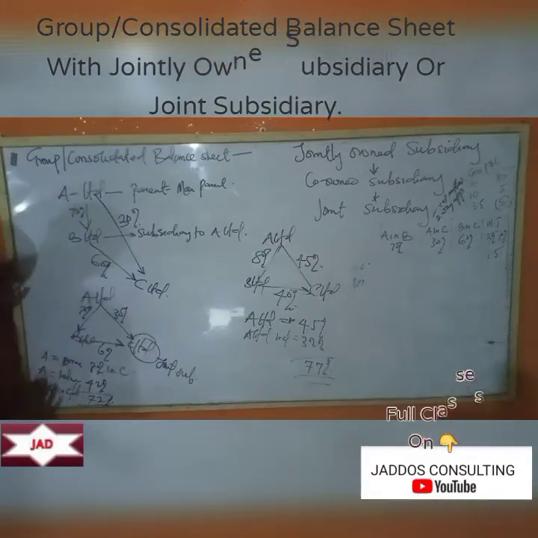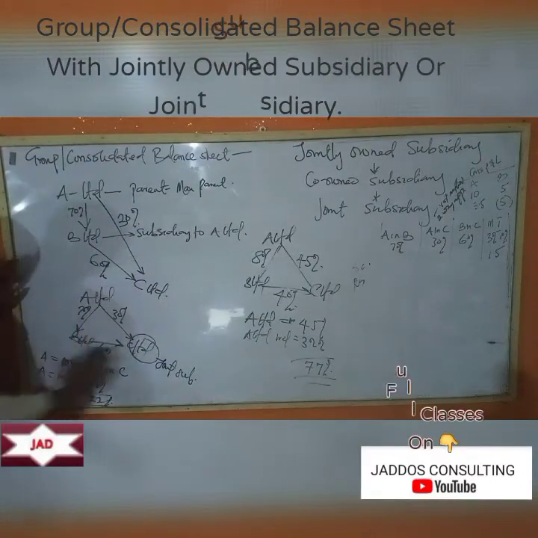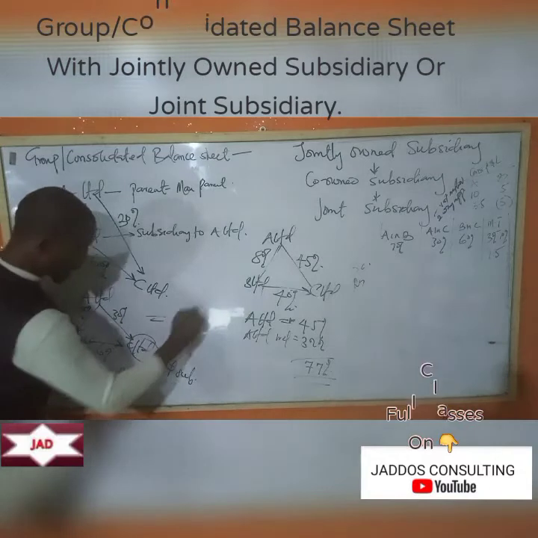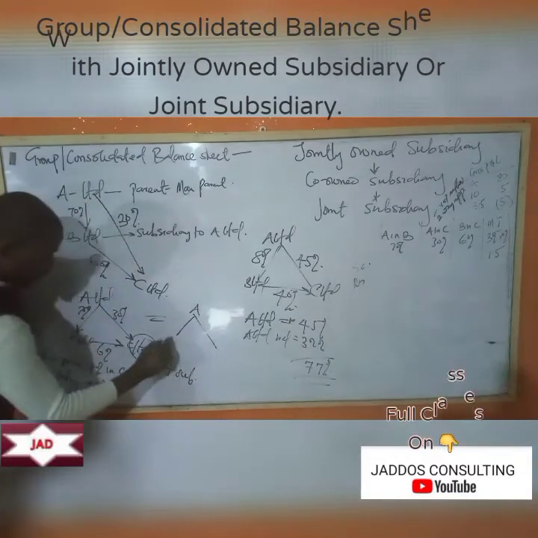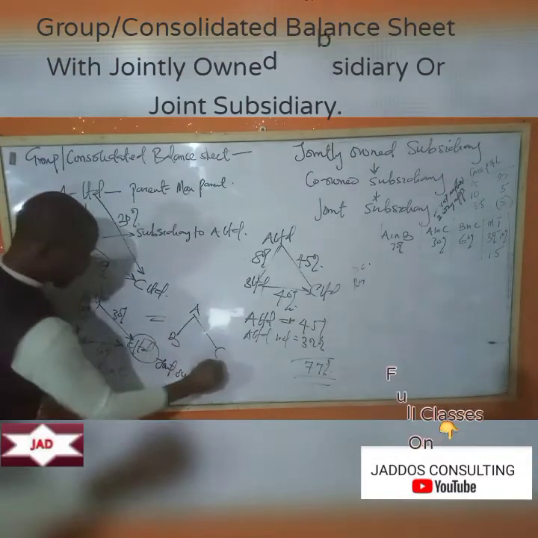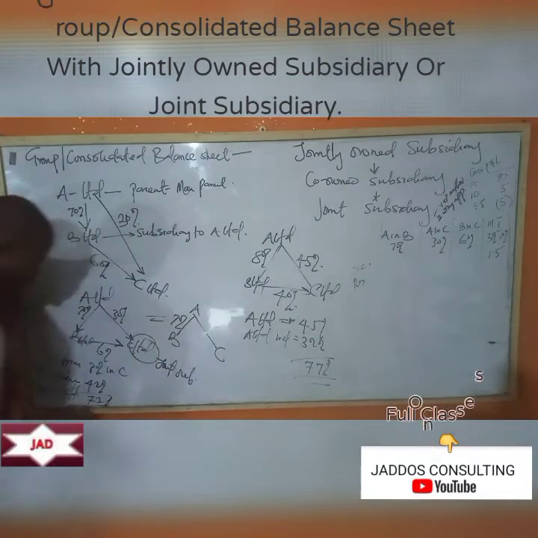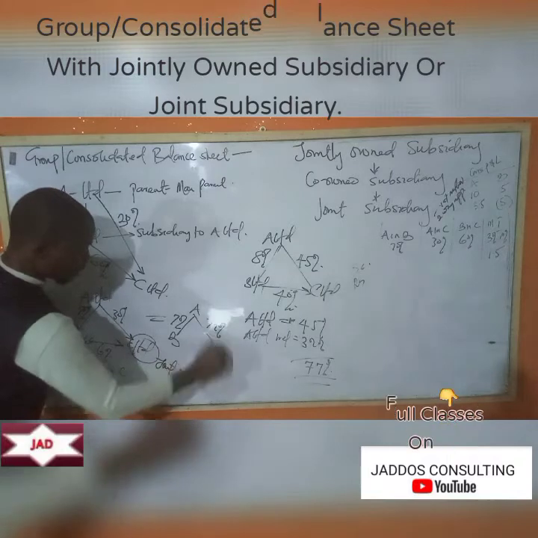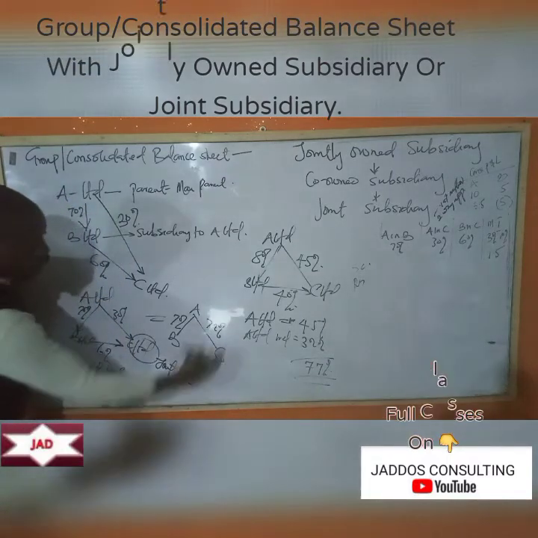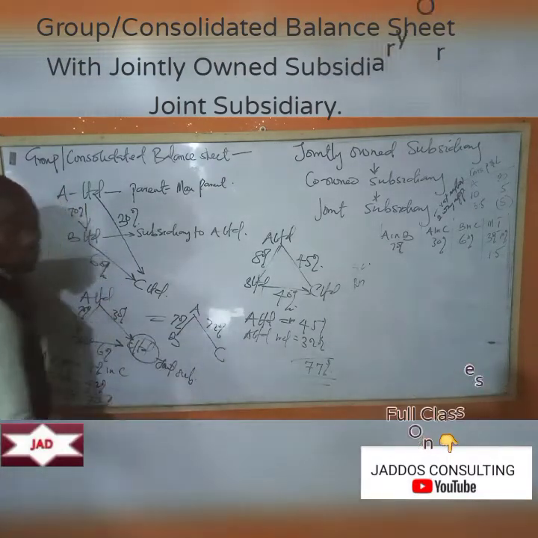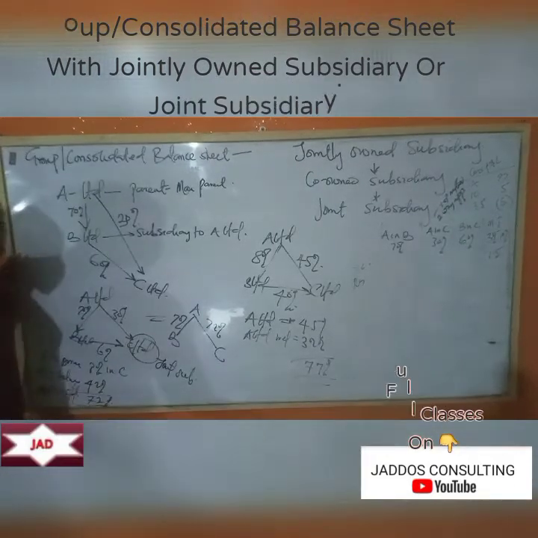Okay? For this scenario now, this structure is the same thing as A in B and C. So A in B will be 70%, A in C will be 72 percent. So it has turned to fellow here. So you can now go ahead and consolidate just like we do. We will consider for fellow subsidiary.